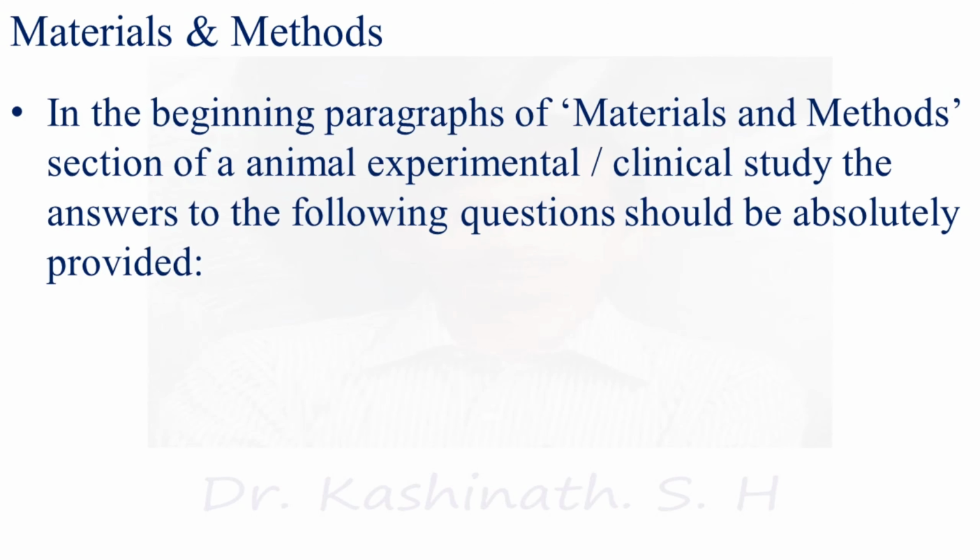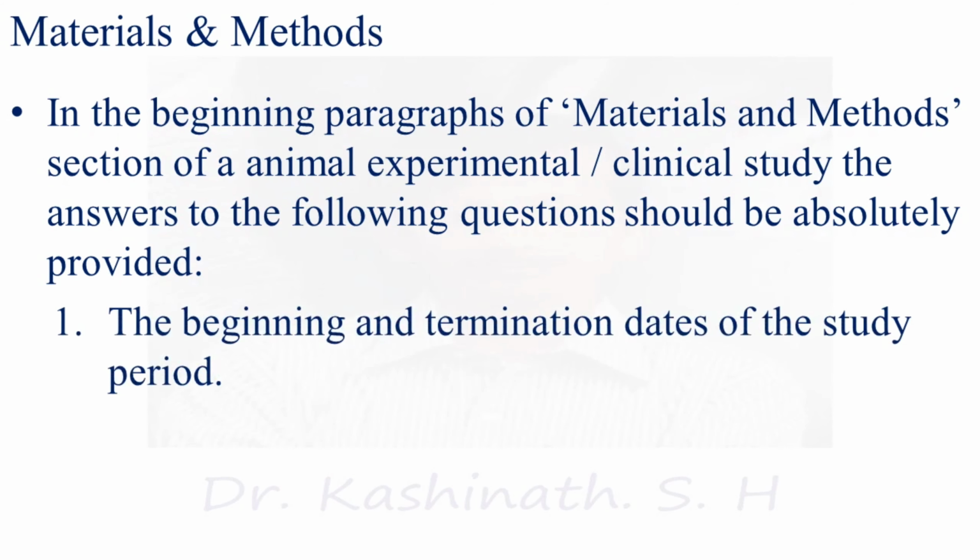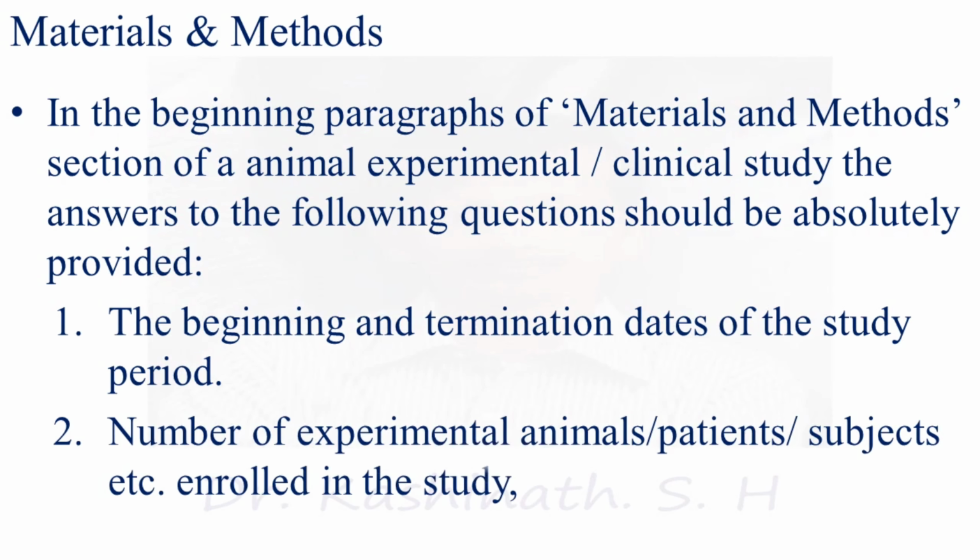So the next third point is materials and methods. Before writing the materials and methods, in the beginning paragraph the author should mention a few points. If it is an animal experimental study, then the number of animals and details of those animals; in case of a clinical study, the number of patients.